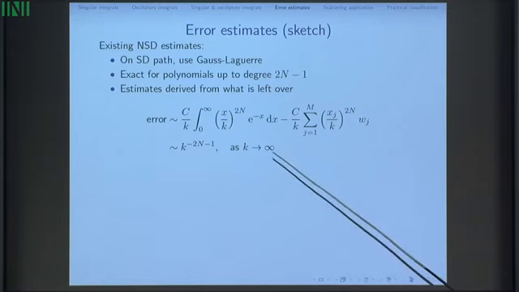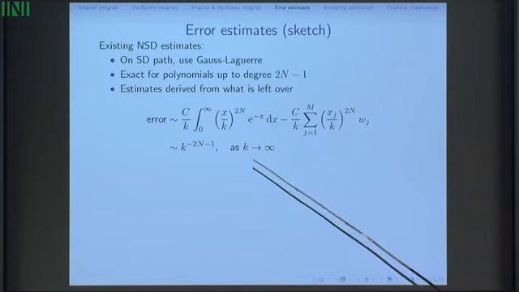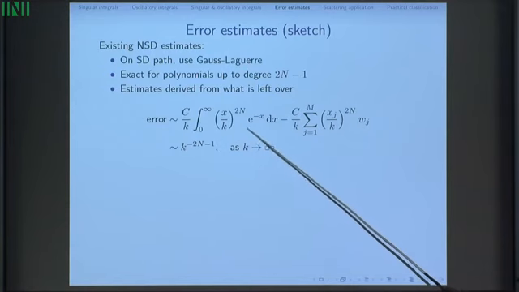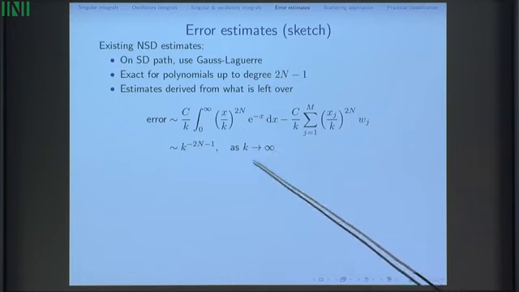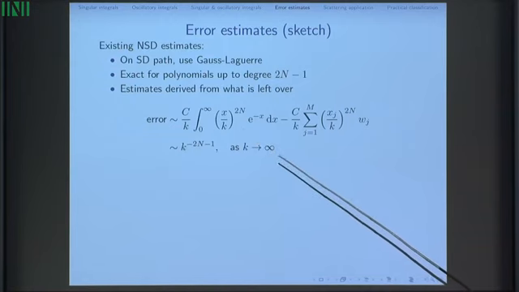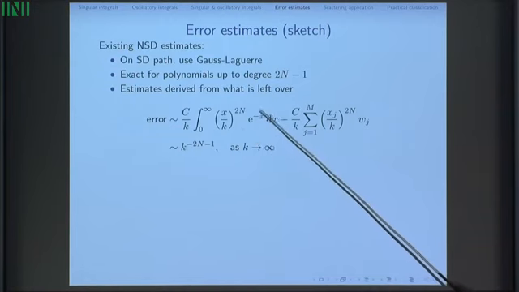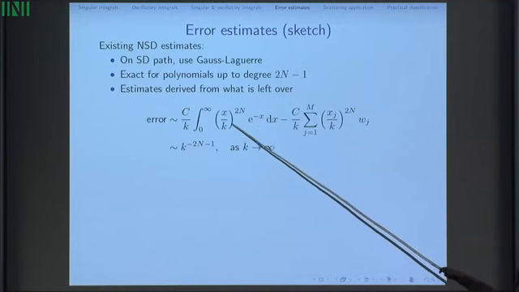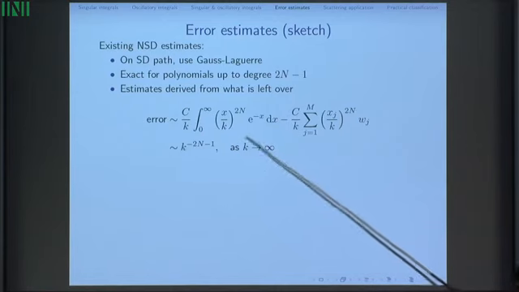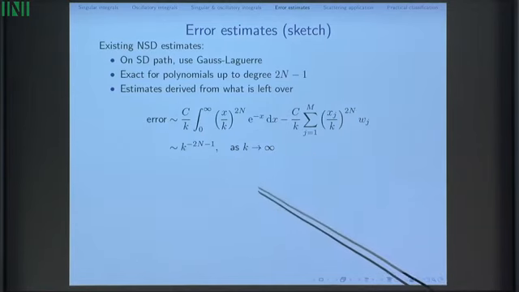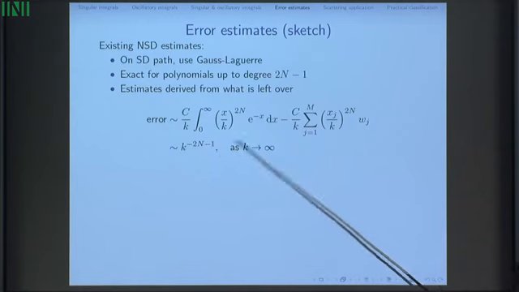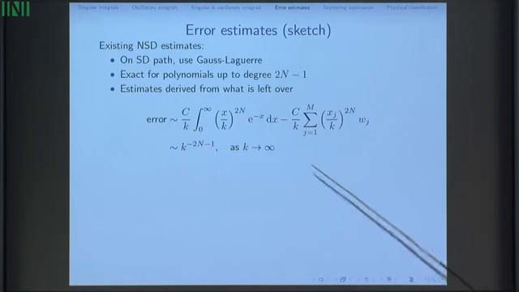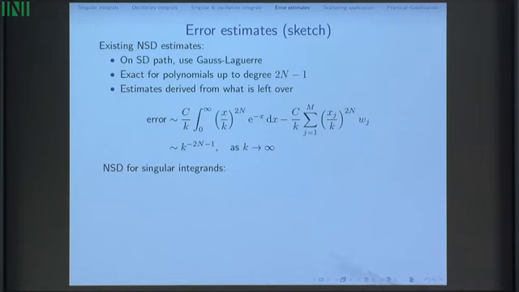You know that your integrand is going to be analytic, so you expand it as a locally convergent Taylor series. The first thing that doesn't get integrated exactly is going to be the 2nth term, the term to the power 2n. Of course, this k comes from the change of variable, and so does this one. Piecing all of this together, the error goes like k to the minus 2n minus 1 as k increases for fixed n.